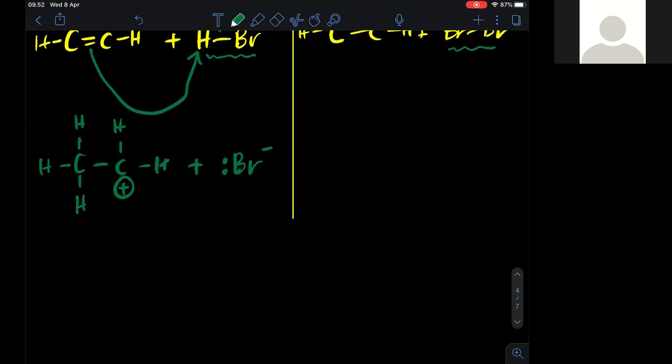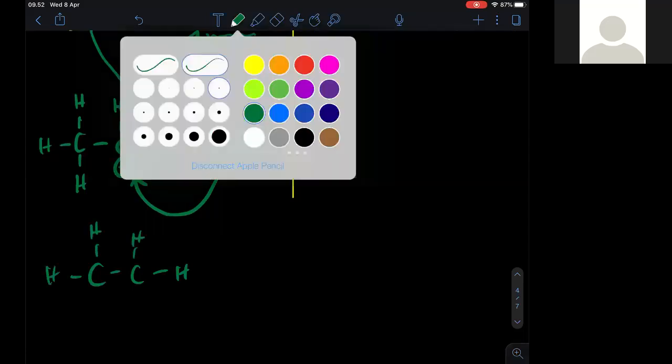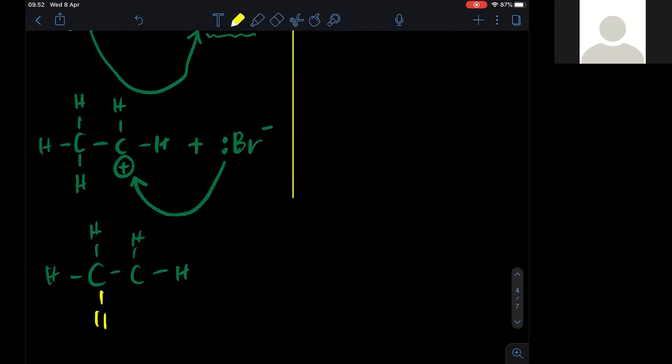What's going to happen next is this electron will go towards the positive charge, and you are going to get this molecule.